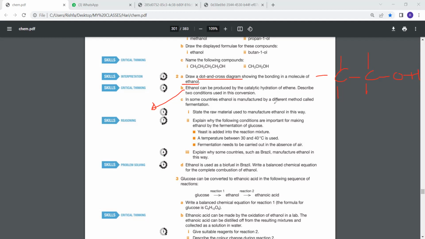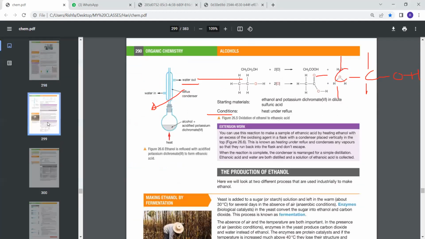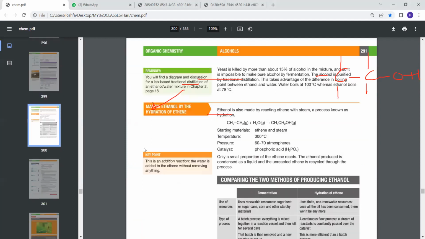In some countries, ethanol is manufactured by a different method called fermentation. State the raw materials used. The raw material is those renewable sources, right? No, we can't just say renewable resources, because anything can be a renewable resource.